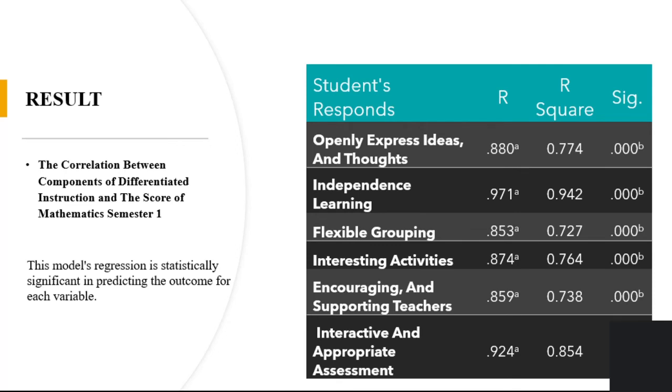R squared indicates the percentage of effect, and the significance value indicates how well the regression model predicts the mathematics score. If the p value is less than 0.05, it indicates that overall the regression model statistically significantly predicts the outcome variable. According to table 1, the p value is 0.000, which is less than 0.05. So this regression model is statistically significant in predicting the outcome for each variable.